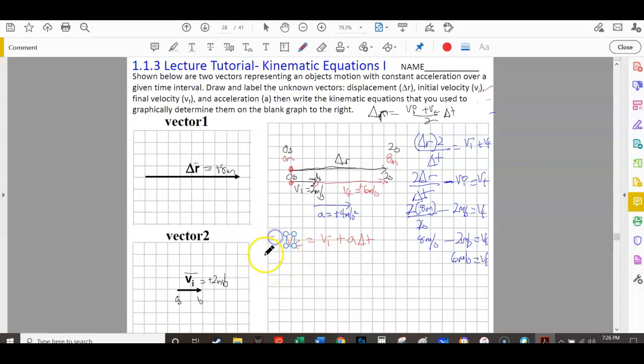V final minus v initial divided by delta t is equal to the acceleration. V final we know is 6 meters per second, v initial is positive 2 meters per second, divided by the total time, which is 2 seconds minus 1 second. So that acceleration is 6 minus 2, which is 4.